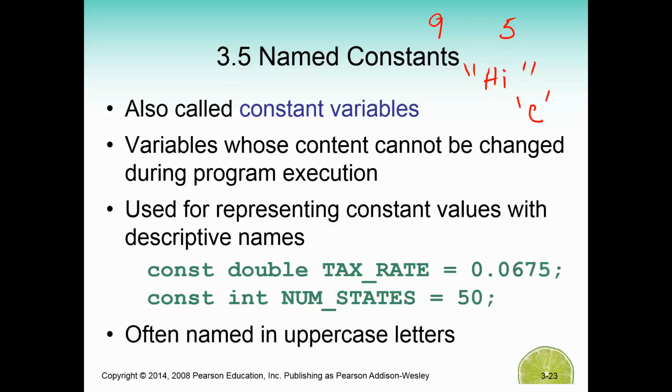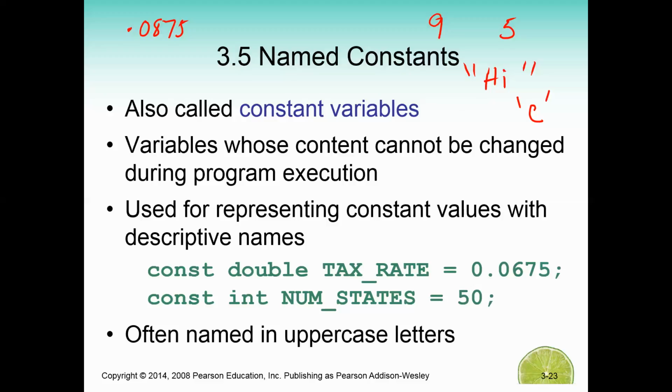Let's suppose that we are going to create a program that is going to be calculating the sales tax for the city of Brownsville. In the program, we use the sales tax, which is 8.75%, so we put 0.0875. And we're going to use it like 10 times in the program.